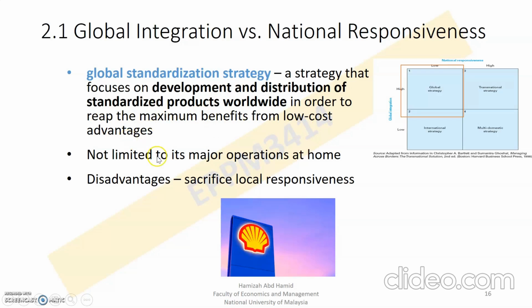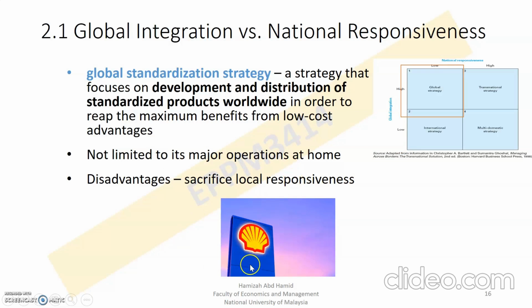So here, it is not limited to its major operations at home. The disadvantage here is companies may sacrifice local responsiveness. However, you do not sacrifice 100% local responsiveness.